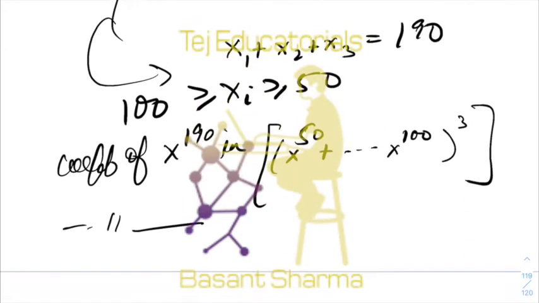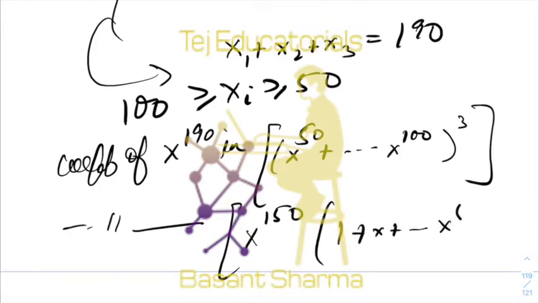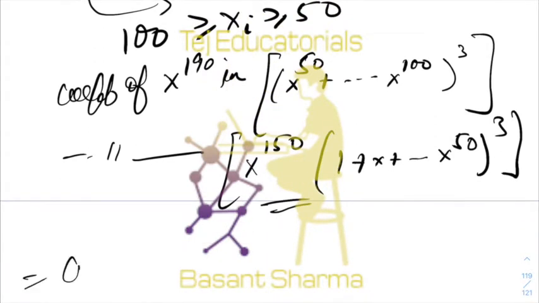Now it is just a matter of solving this. This is the coefficient of x to the power 190 in x to the power 150 taken out, times (1 plus x plus so on till x to the power 50) cubed.